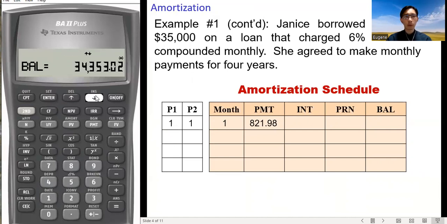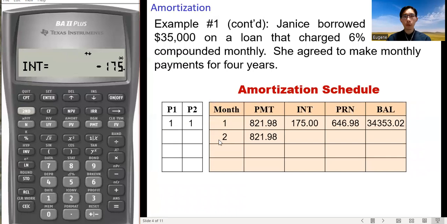Enter 1 for P1, and then 1 for P2. Then we can compute the corresponding entry, BAL, and then the value for PRN. Next is the INT, the interest portion of the first payment. Then we continue with payment number 2.